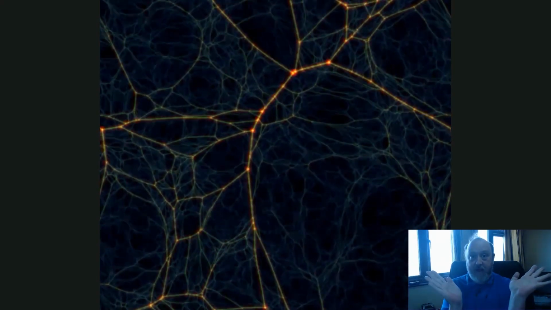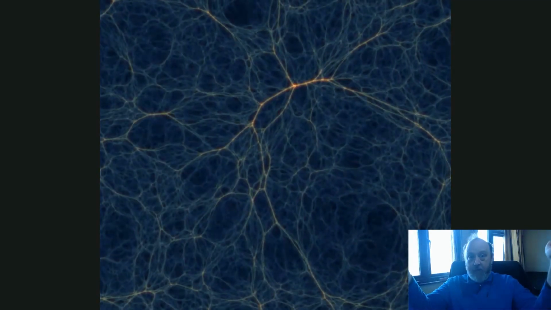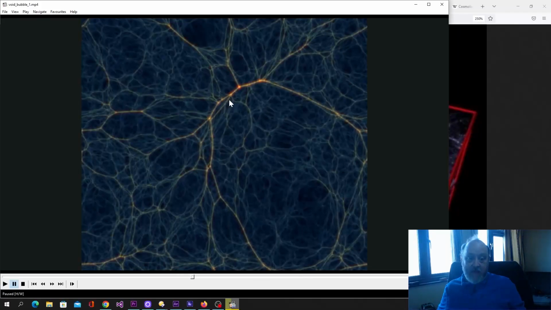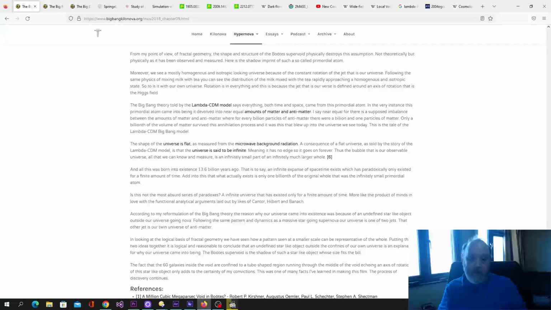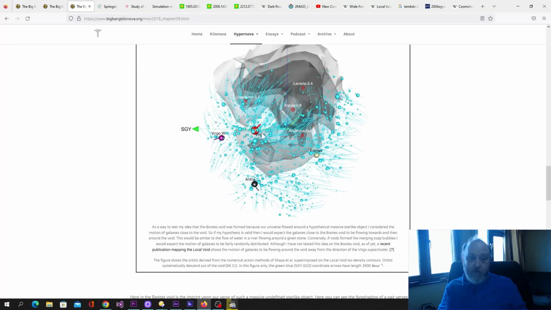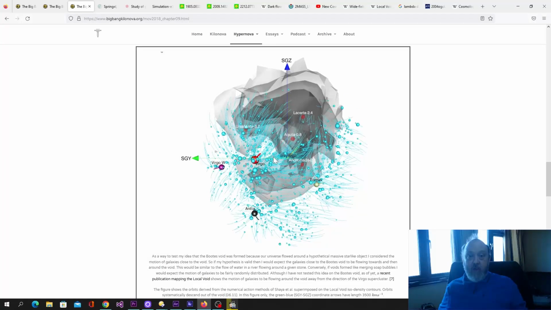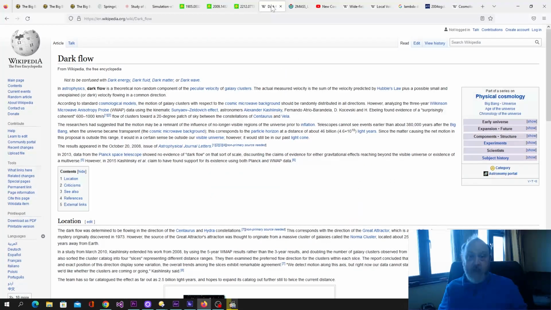They should be moving perpendicularly away from the local void, rather than flowing around it as we actually observe. We have to have this new explanation attached onto why we're seeing this, in the concept of dark flow, which is this non-random component.